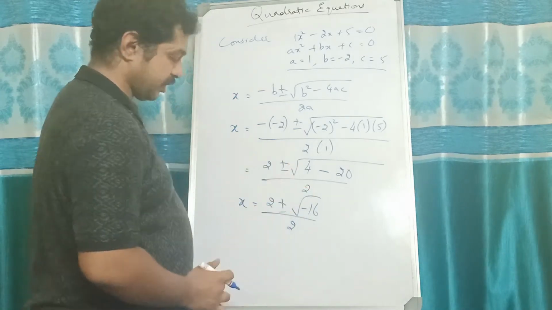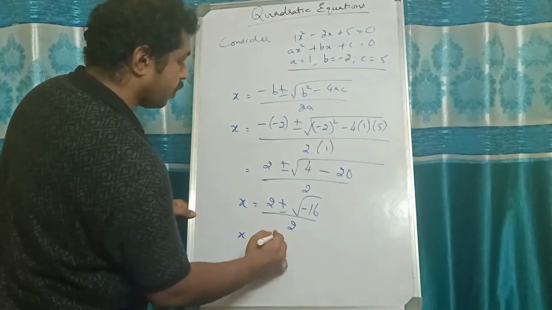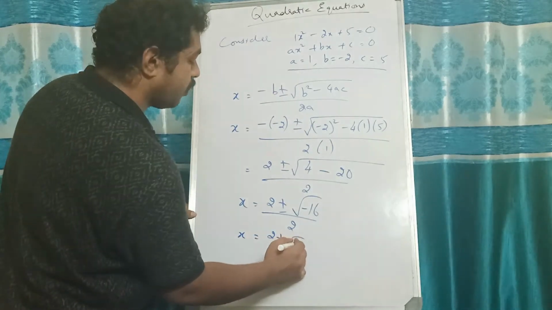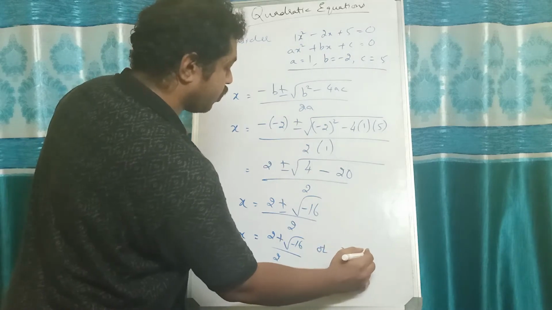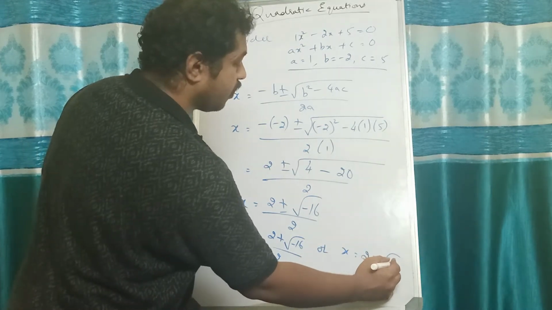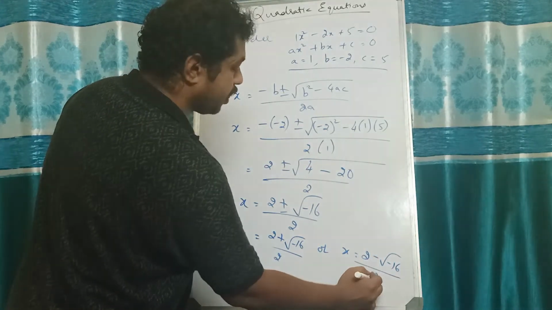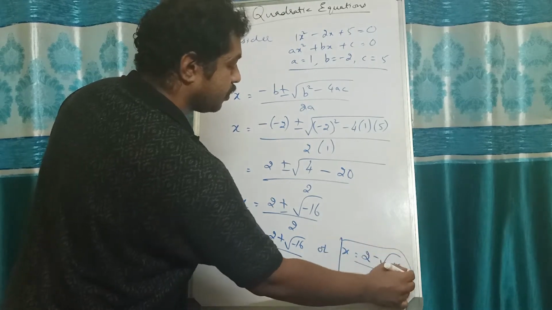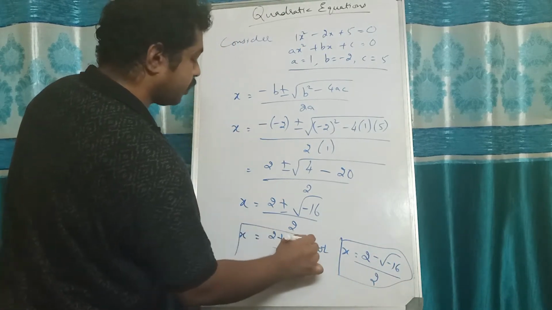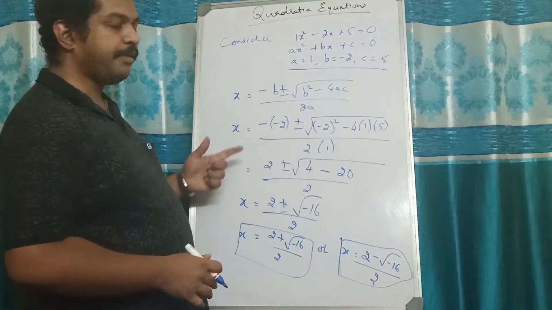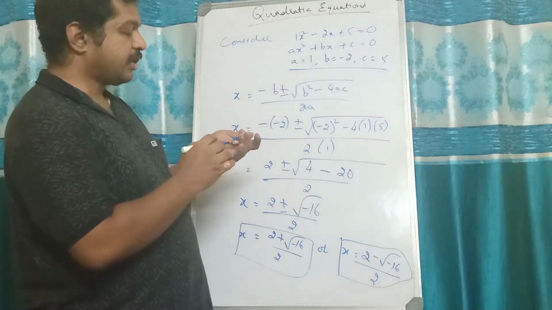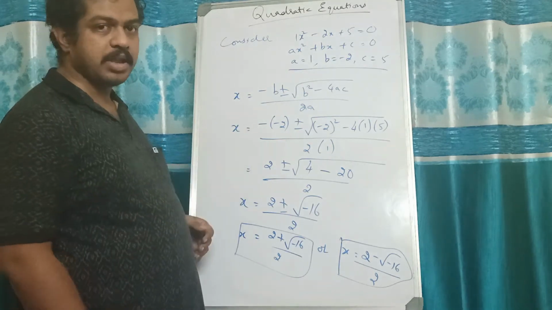So x will be equal to 2 plus square root of -16 divided by 2, or x will be equal to 2 minus root of -16 divided by 2. So these are the two different kinds of solutions that we have in the formula method, right? So these are the three methods of solving a quadratic equation.